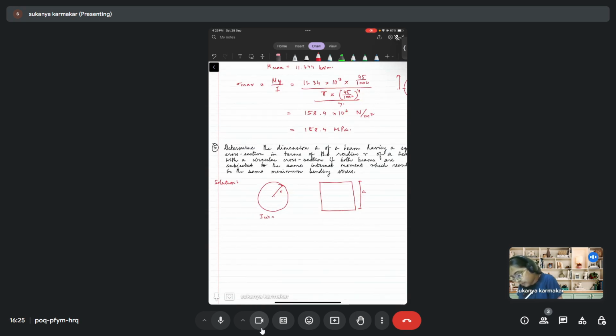So for this, I is equal to pi r to the power 4 by 4.